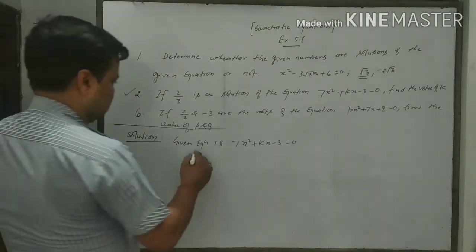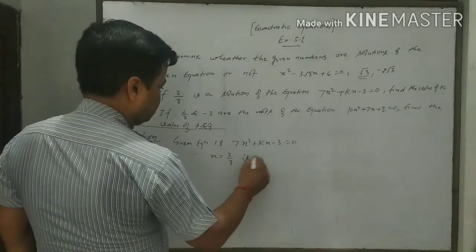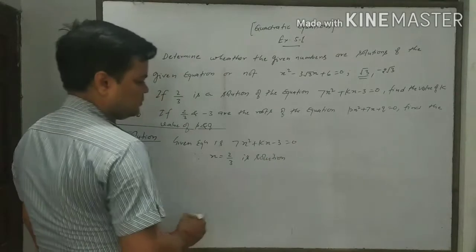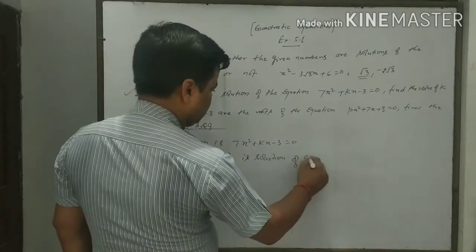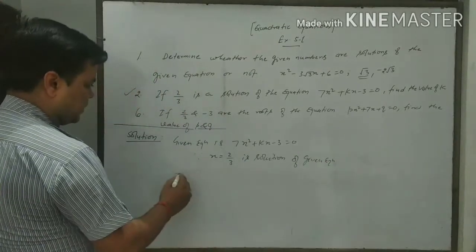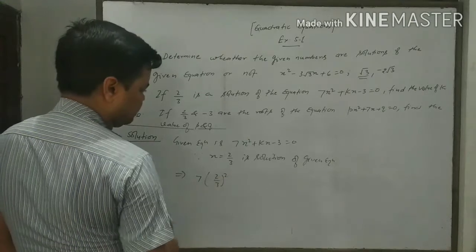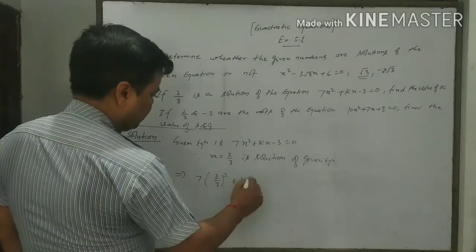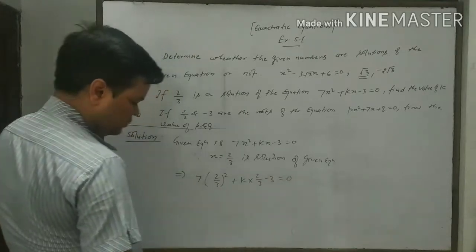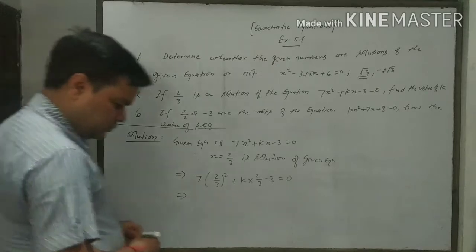Okay. Since x is equal to 2 by 3 is a solution of the given equation, this implies that 7 into (2 by 3) square plus k into 2 by 3 minus 3 is equal to 0. Okay, this value.